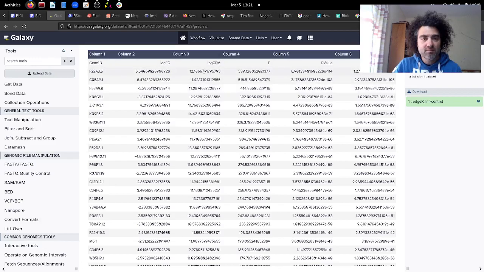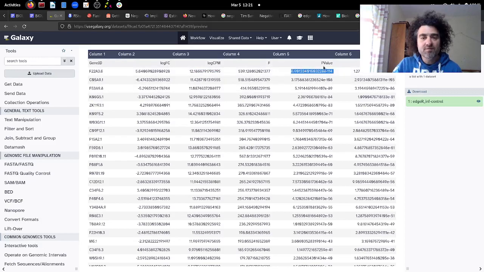This log CPM is the logarithm of the counts per million. It shows how much the gene is expressed on average, and here we see that this gene is quite highly expressed. This is the statistic that they use to assess differential expression. As with the t-test we use the t-statistic, here they use another statistic, the F-statistic.